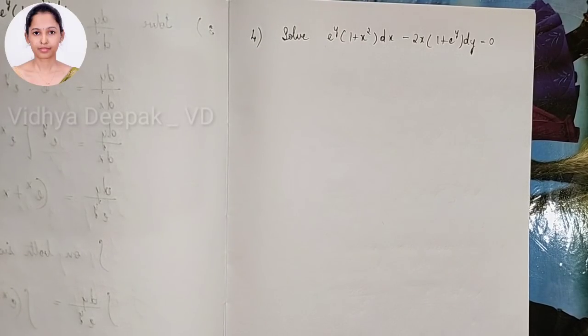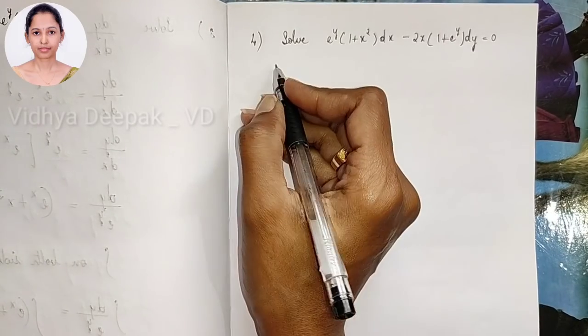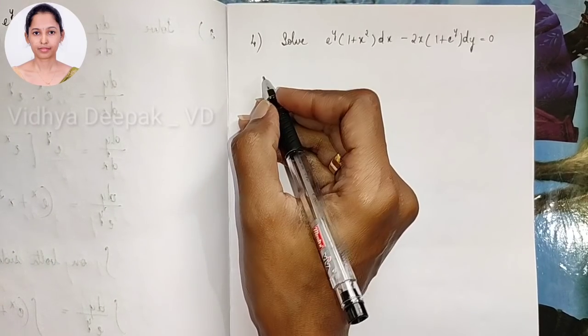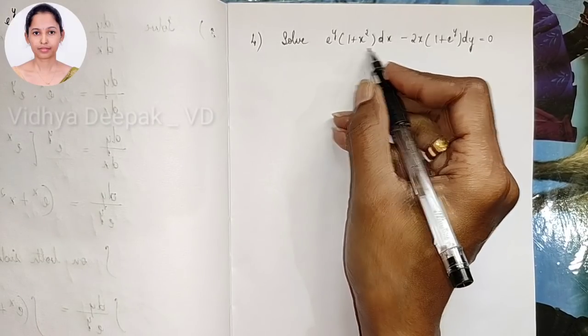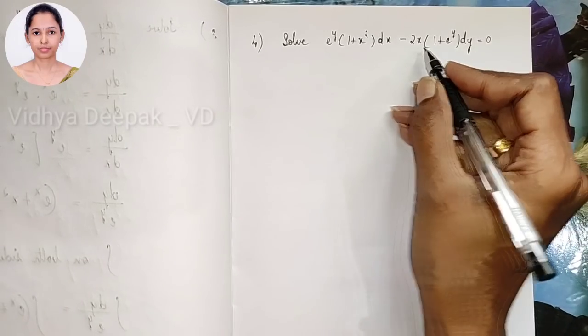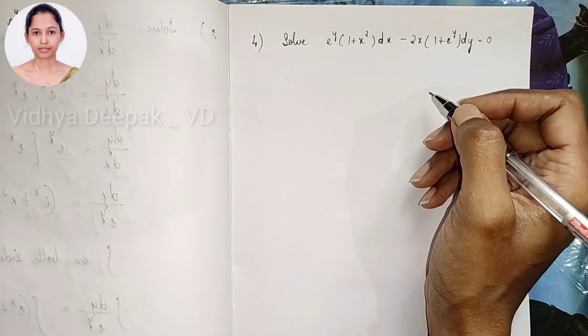Good morning everyone. So we'll continue with differential equations, which was the variable separable form, right? So solve e power y into 1 plus x square into dx minus 2x into 1 plus e power y dy is equal to 0.